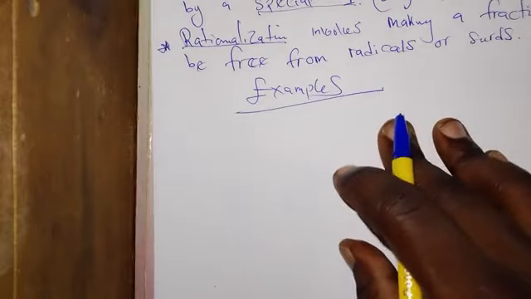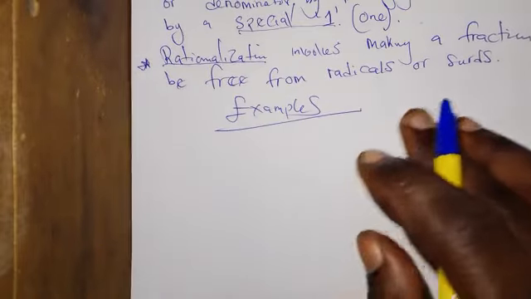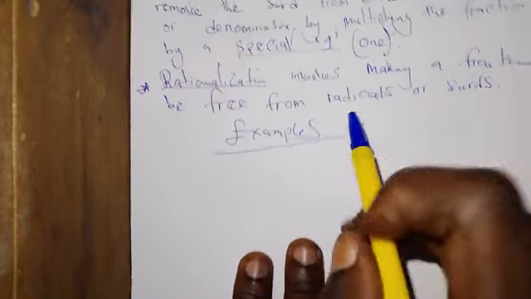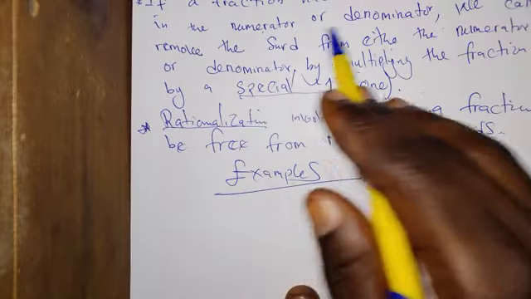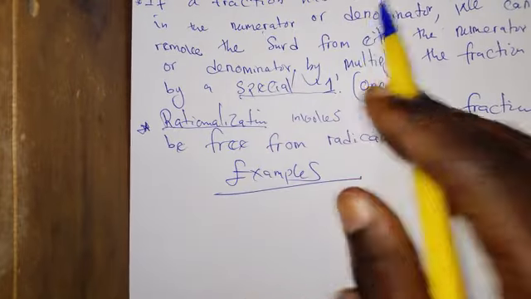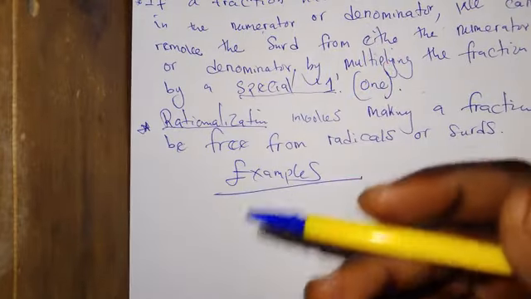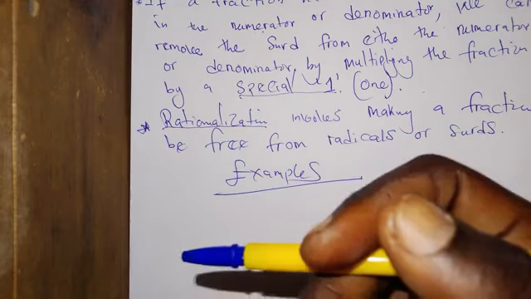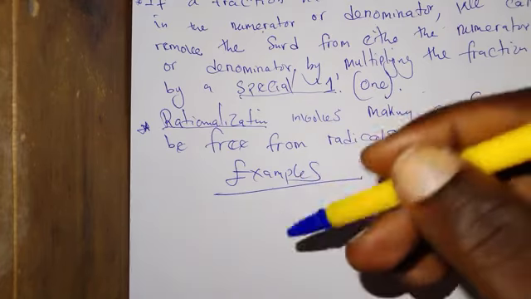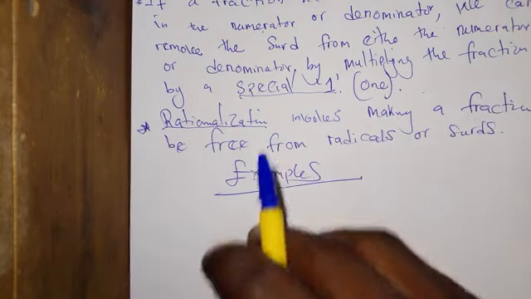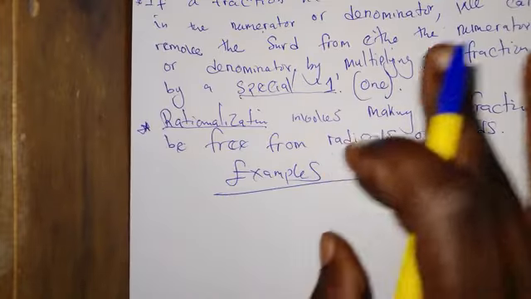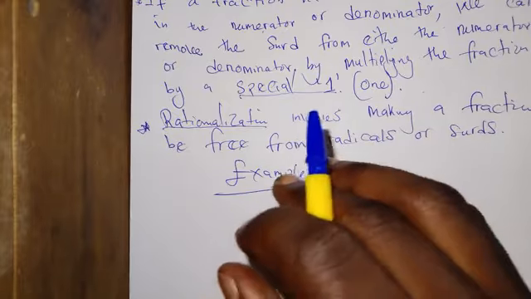Remember we're talking about two things here, a fraction has a numerator and a denominator. The surd can be in the numerator or it can be in the denominator. Sometimes questions will specify to rationalize the numerator, or other questions will specify to rationalize the denominator. So that is the basic concept you're supposed to understand there. What are you rationalizing?